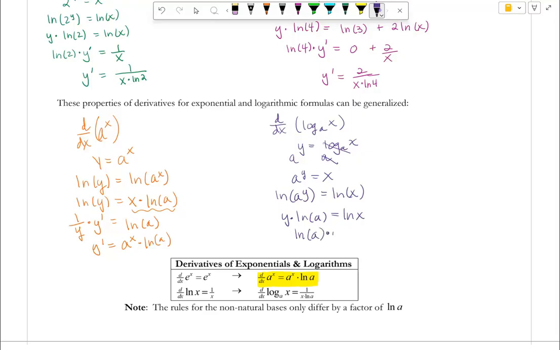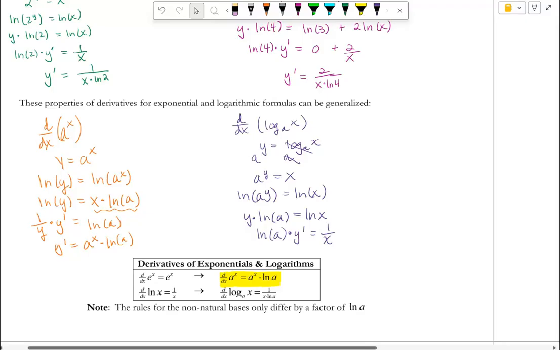So the natural log of a times our y prime equals 1 over x. And then we would divide both sides by ln of a. So y prime equals 1 over x times ln of a.